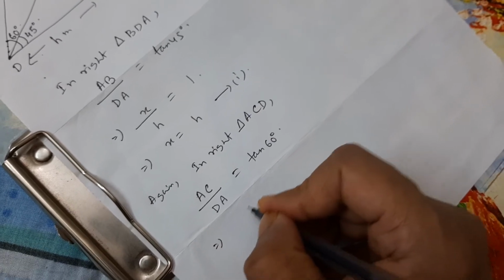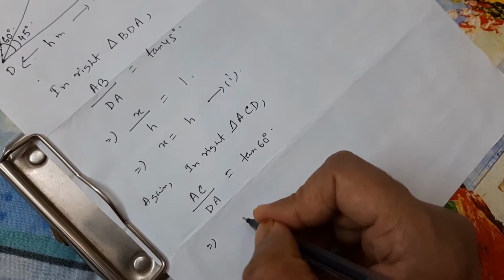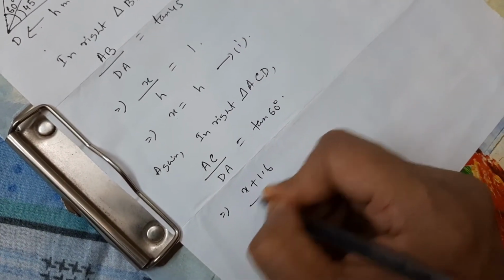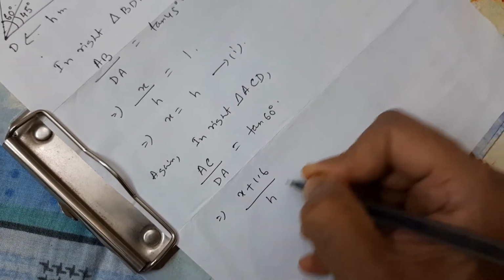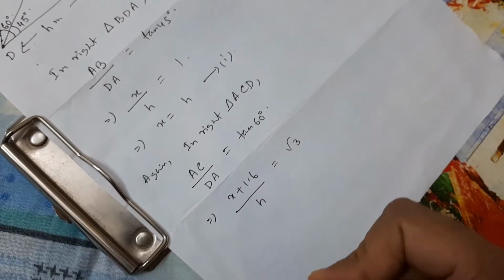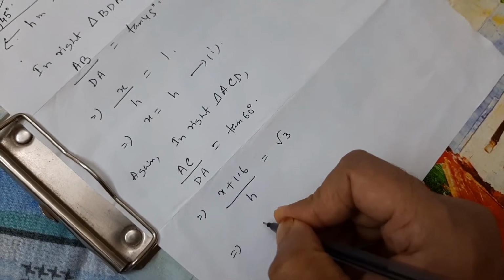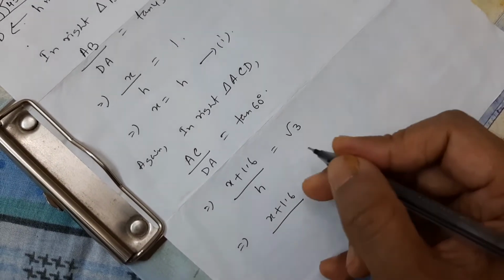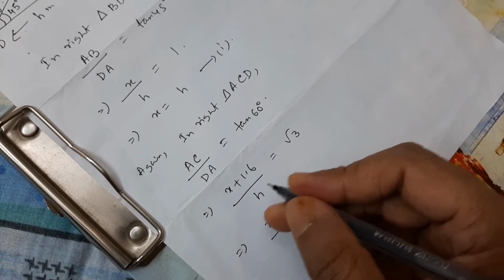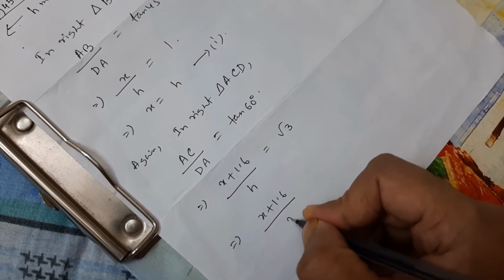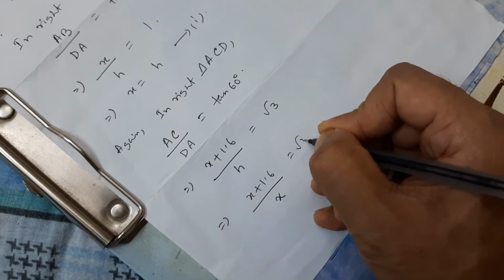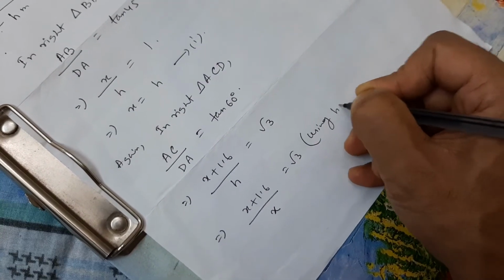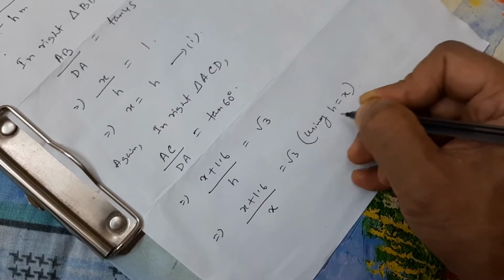So tan 60, and AC is x plus 1.6, total length AC divided by DA is H taken, tan 60 is root 3. So x plus 1.6 by H, and from 1 we get H and x are same. So we can write here x equal to root 3, within bracket you write using H equal to x by 1.